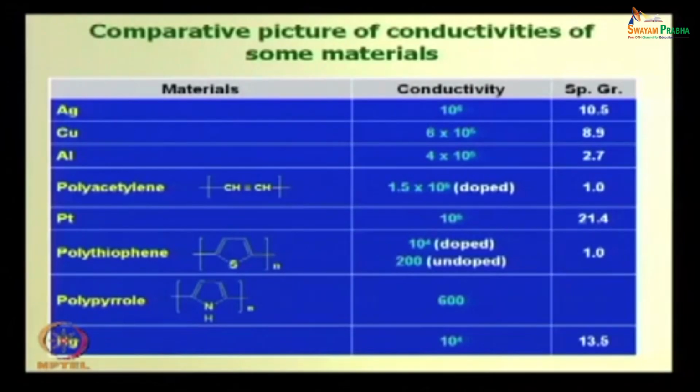That means, there are various variables, different variables of stability, molecular weight, molecular alignment, crystallinity, and this what is that called oxidation state of the polymer, and carrier concentration, their mobility characteristics, all these things, those semiconductor properties, those things you have to keep in mind. Then polypyrrole, you see 600.